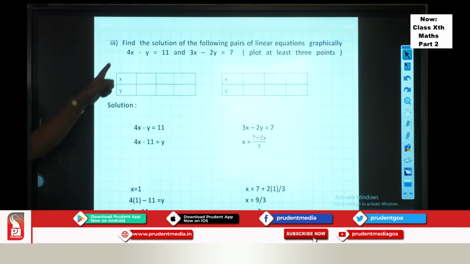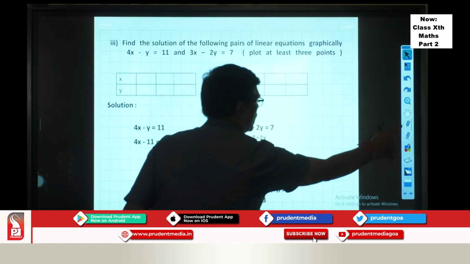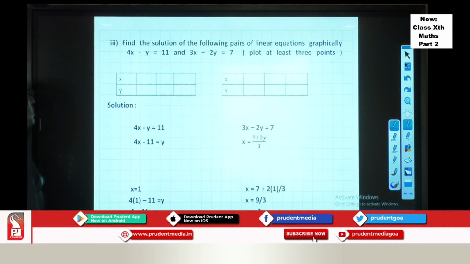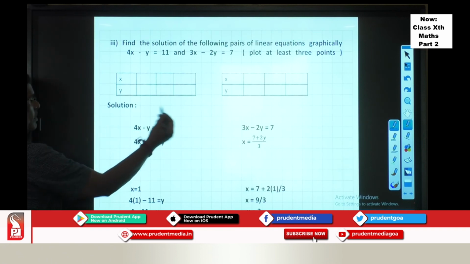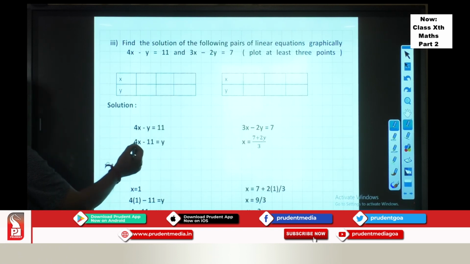Now let us see this equation. I have taken the equation here, 4x minus y is equal to 11. Now y does not have a coefficient, but y is negative. So what I have done, I have shifted minus y to the right hand side and I have shifted the constant to the left hand side. So what I am getting, 4x minus 11 is equal to y.